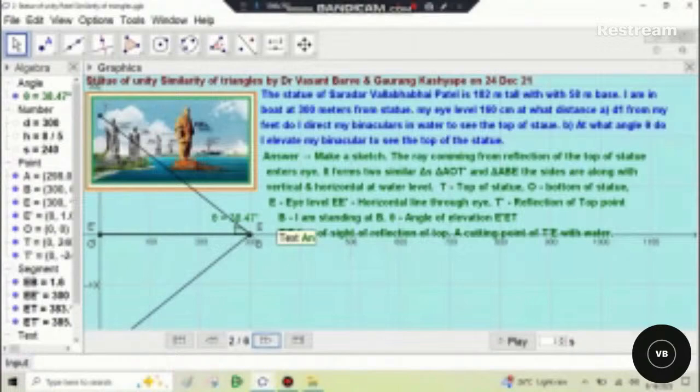T dash is the reflection of top point. B, I am standing at B, right here. Angle of elevation is E dash ET. T dash E line the reflection of the water. Now let us see these things here.